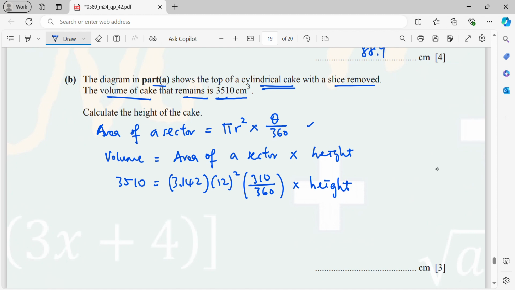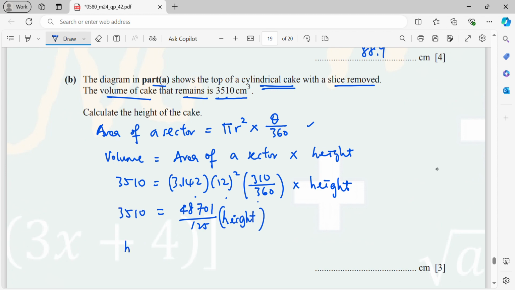So when I calculate the values on the right side, all these values you multiply all together, that is going to be 48701 over 125 times height equals 3510.